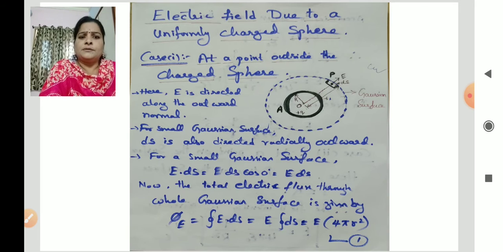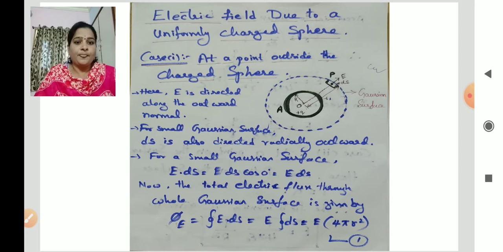Now see, what is the direction of the electric field intensity? It is a vector and it is directed along the outward normal. It is directed outwards. So for the small Gaussian surface, just now I have said, we are assuming a small Gaussian surface of area ds on the dotted Gaussian sphere.